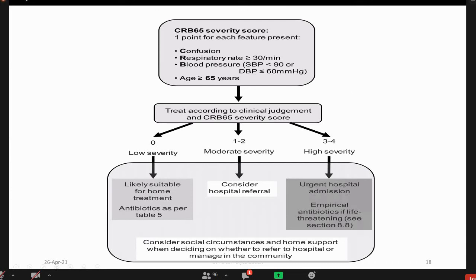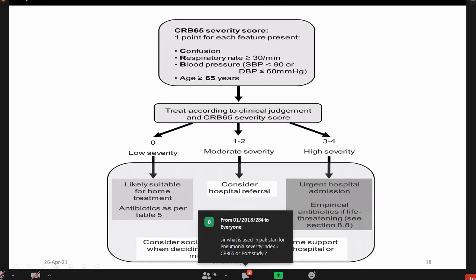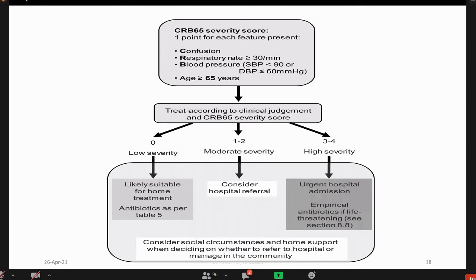Based on assessing the severity, we can decide whether we need to admit this gentleman or lady to the hospital, or manage that person as an outpatient. Secondly, not only do you decide between outpatient and inpatient, but if inpatient, whether to treat in a ward or whether you require HDU, a special care unit, or ICU.